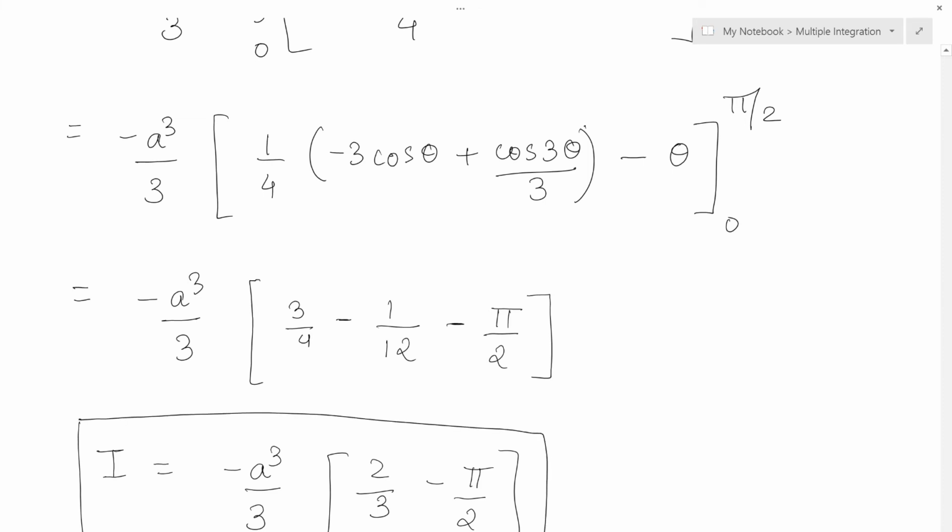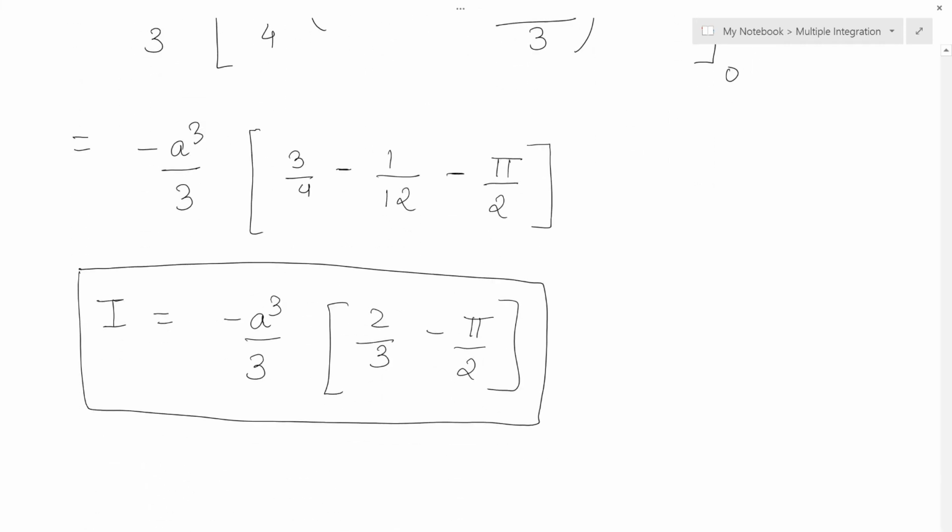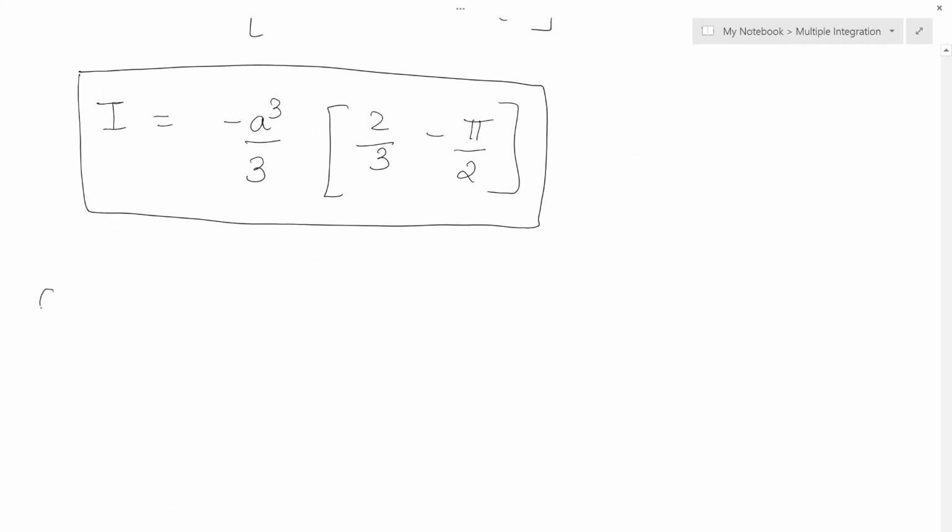Okay, this is my final answer of integration I. One similar sum we'll see, a simple sum.